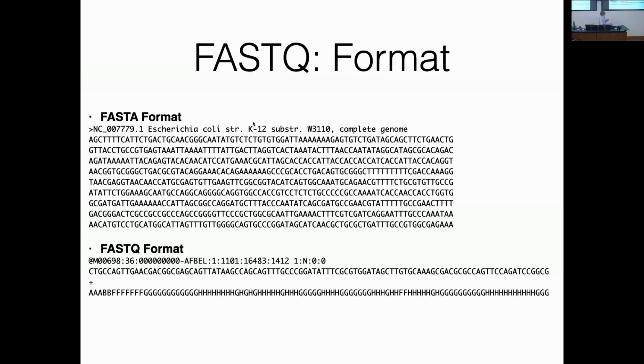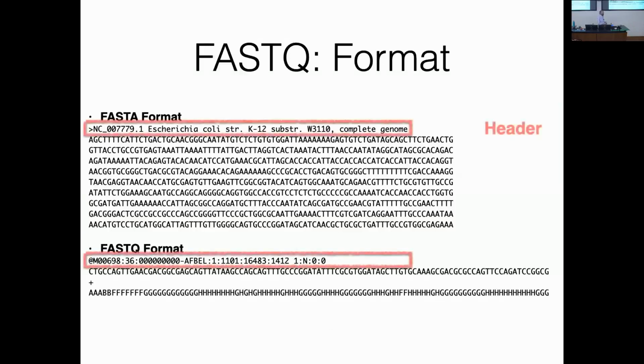The rest of it is convention, but it's not a fixed standard. If you read this, you can get the feeling that this is part of the sequence for an E. coli reference genome sequence.